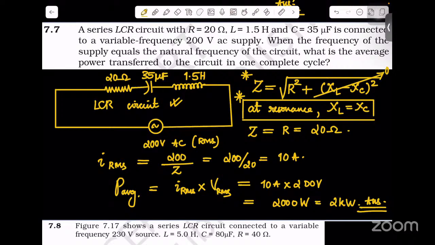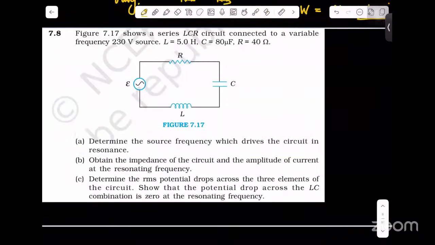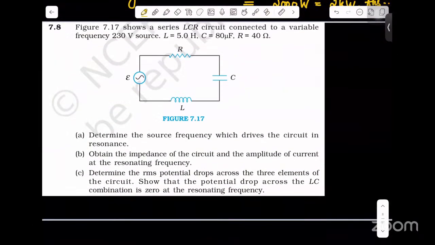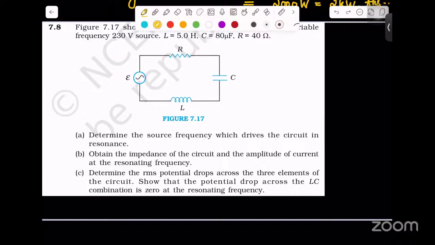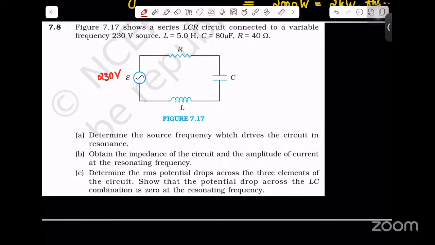Okay. So here comes the next question, and this is the last question. Okay. So we have this source and LCR circuit. Okay. We have L, C, and R connected to a variable frequency source of 230 volts. Situation is just like the previous case where this is 230 volts.